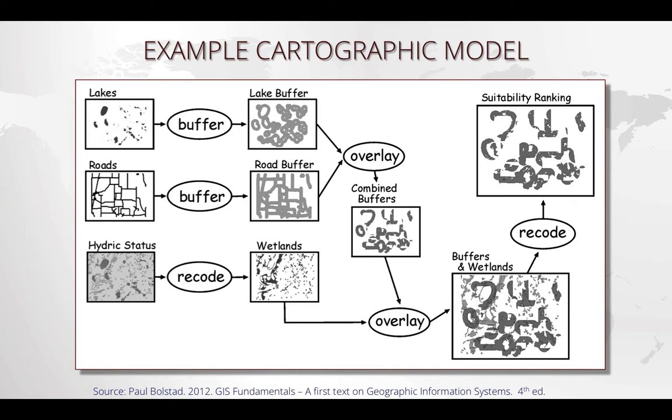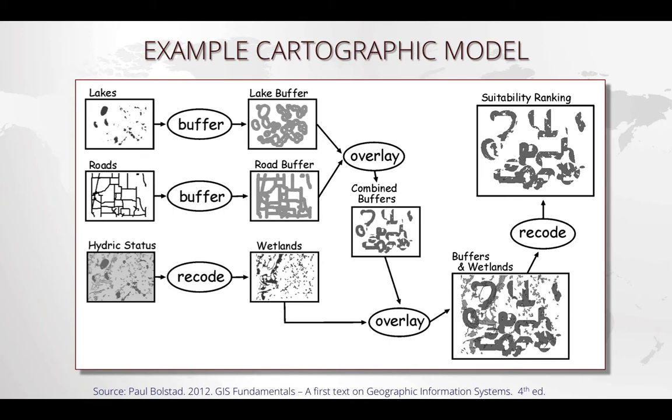So in this simple model, you have a few inputs, lakes, roads, and hydric status, which you use a number of GIS operations on. And by the way, the inputs to the model, both the beginning inputs like lakes and roads, as well as intermediate products like the buffers, are shown as boxes.